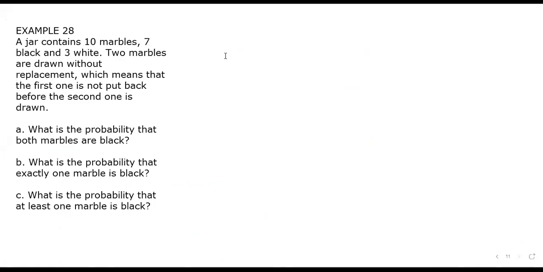So a jar contains how many marbles? 10 marbles, 7 black and 3 white. So can we draw the tree diagram so far? Black, there are 7. White, there are 3. The total marbles are 10. So the probability of a black marble is 7 out of 10.